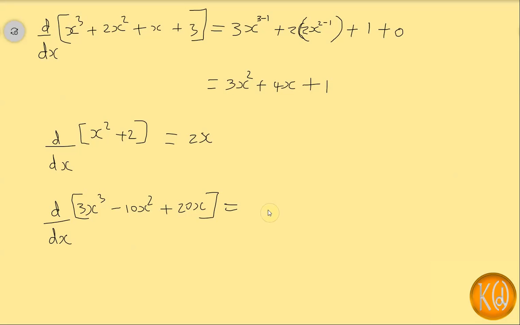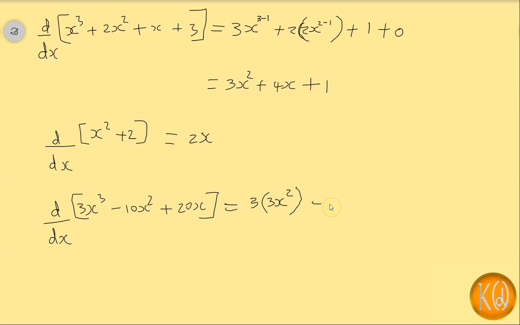Now if we differentiate 3x cubed, if you follow from before, you multiply by the 3 in the power, put back our x. Now we reduce the power on the x by 1, 3 minus 1, that's 2, so that becomes squared. Good.